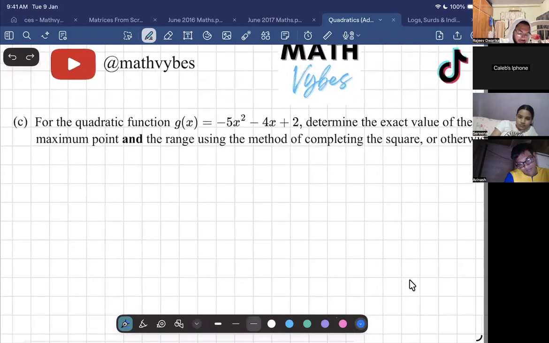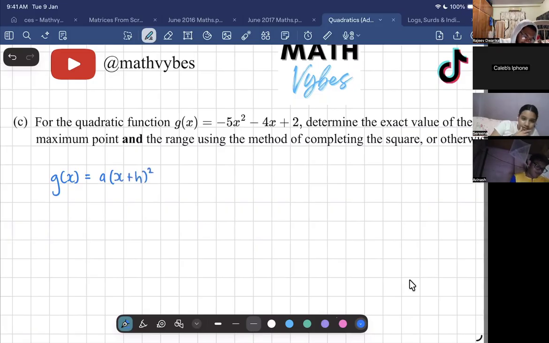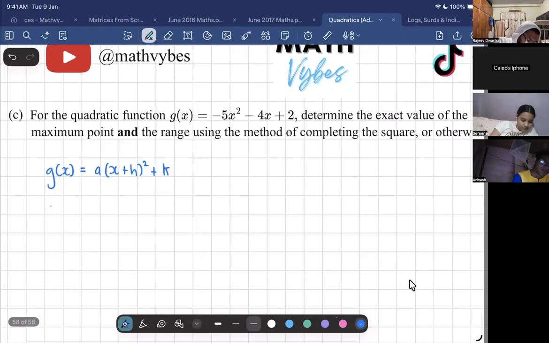Okay, does anybody remember what the completing the square form is? That's a(x + h)² + k. Yes, Caleb, you remembered that.